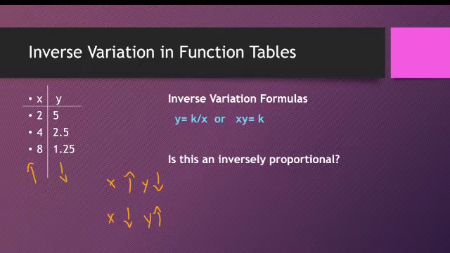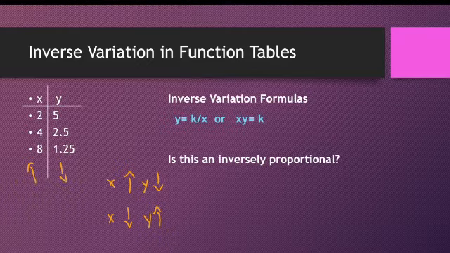Mamaya makikita pa natin yung pagkakaiba niya in terms naman of real life-based situation, yung mga modeling natin ng real life-based situation. So, pag inverse, increasing and decreasing siya. So, pag nag-increase yung isa, nag-decrease yung isa sa variable natin. So, ang tanong natin, is this an inversely proportional function table?